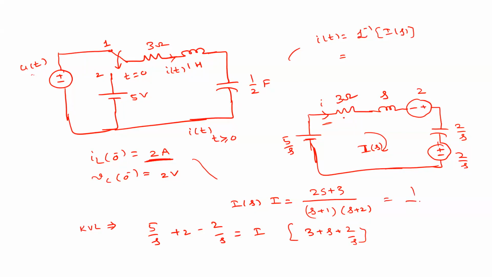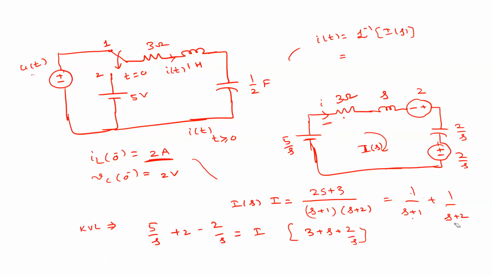I think we can directly write it now: it is S plus 1 into 1 by S plus 2. Is this correct? Yes, it is correct. You can straight away write 1 by S plus 1, 1 by S plus 2.